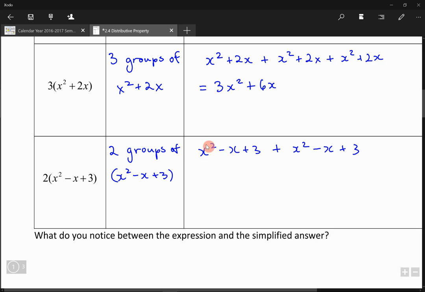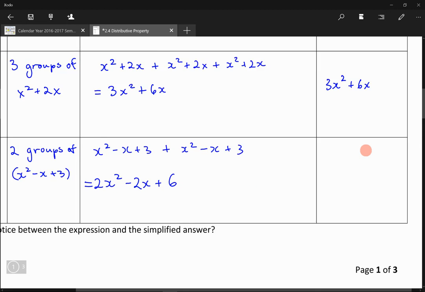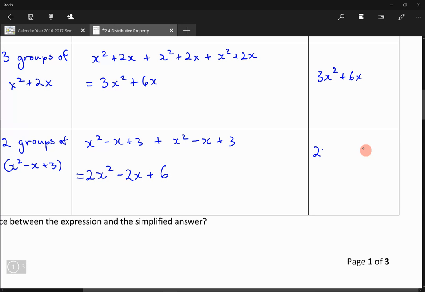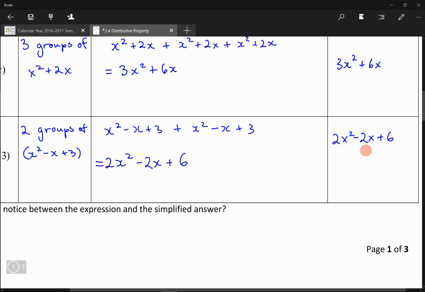So again, the variables with the same exponent, so x squared plus x squared is 2x squared. Minus x minus x is minus 2x, and 3 plus 3 is 6. So my simplified form is 2x squared minus 2x plus 6.